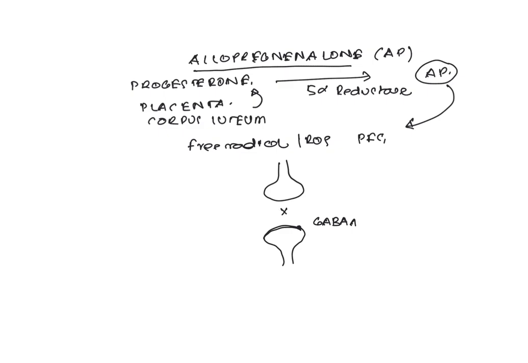Within the synapse, there are two different types of GABA A receptors. One has a gamma subunit, another has a delta subunit. The gamma subunit is something that benzodiazepines attach to. And the delta subunit is where allopregnanolone will attach.